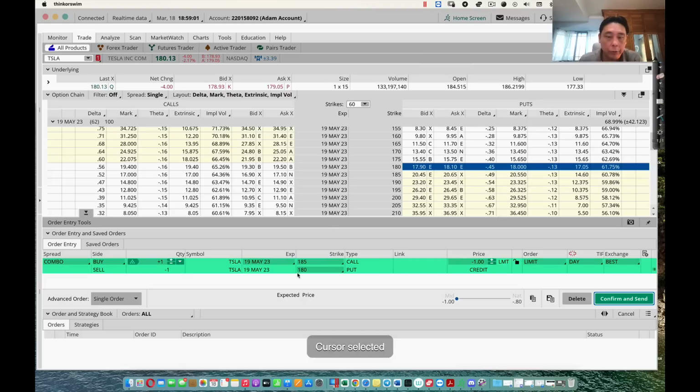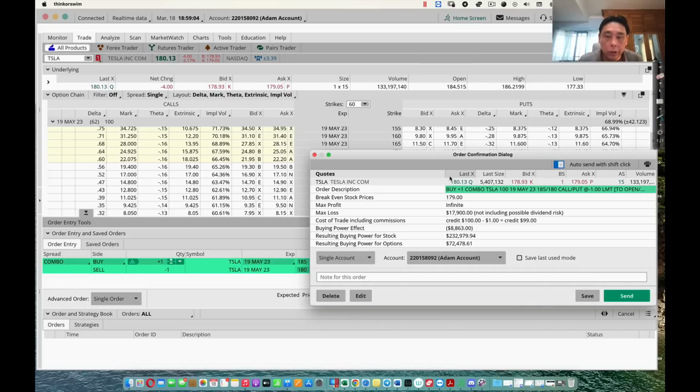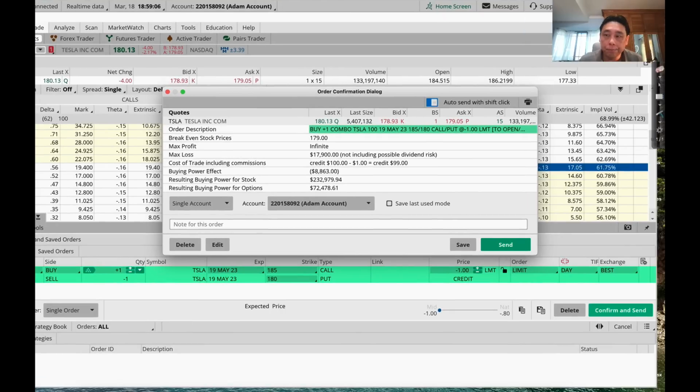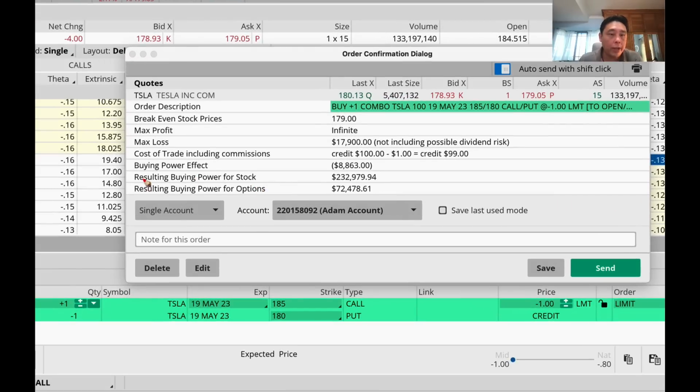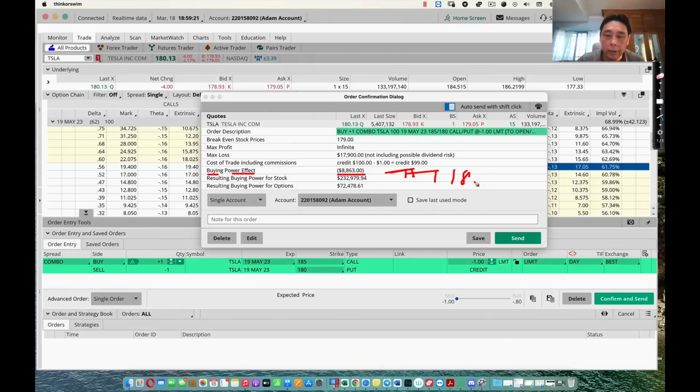With a margin account, you can see by doing this, your actual buying power that's blocked from your account is 8863. So 8863 versus $18,000. Basically, it only requires 50% of the usual capital. So it uses less capital to control the same 100 shares, but without the risk of time decay.